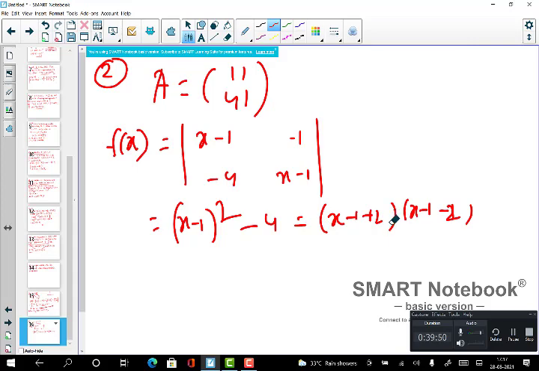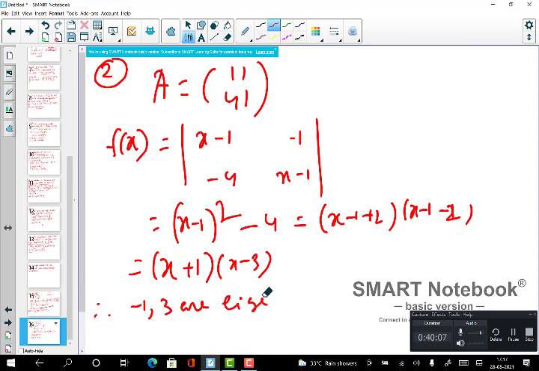So this is (x plus 1)(x minus 3), and hence the characteristic values, or eigenvalues, of A are minus 1 and 3.